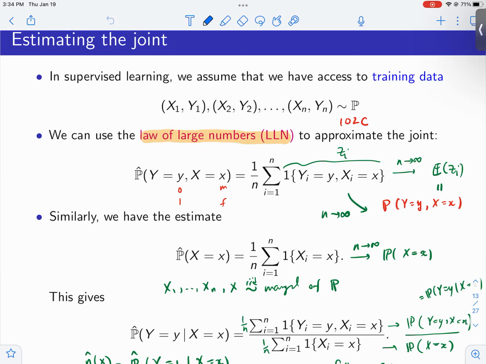If you have real data, you basically have training data, and then you try to find an estimate of the joint distribution using, let's say, a sample of size n from your joint distribution. Once you have the estimate of the joint distribution, you can compute the conditional probabilities and then find the optimal decision rule.